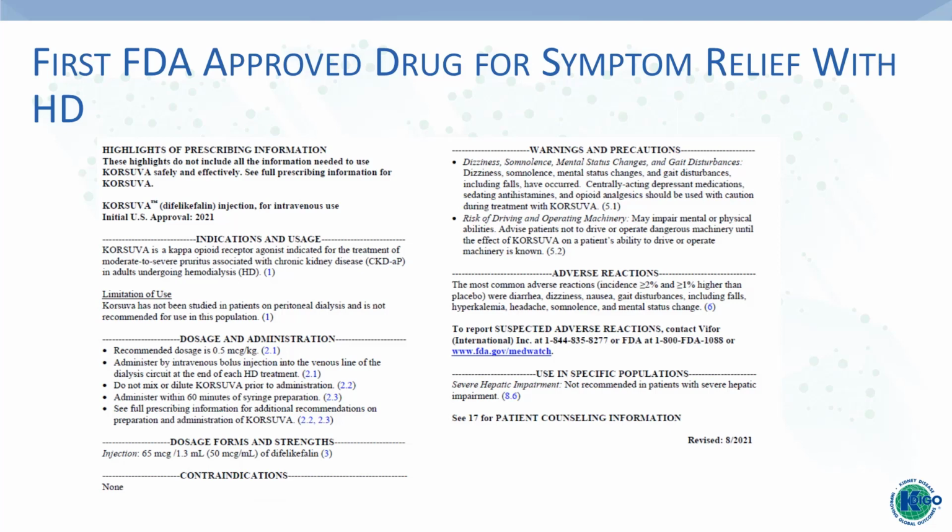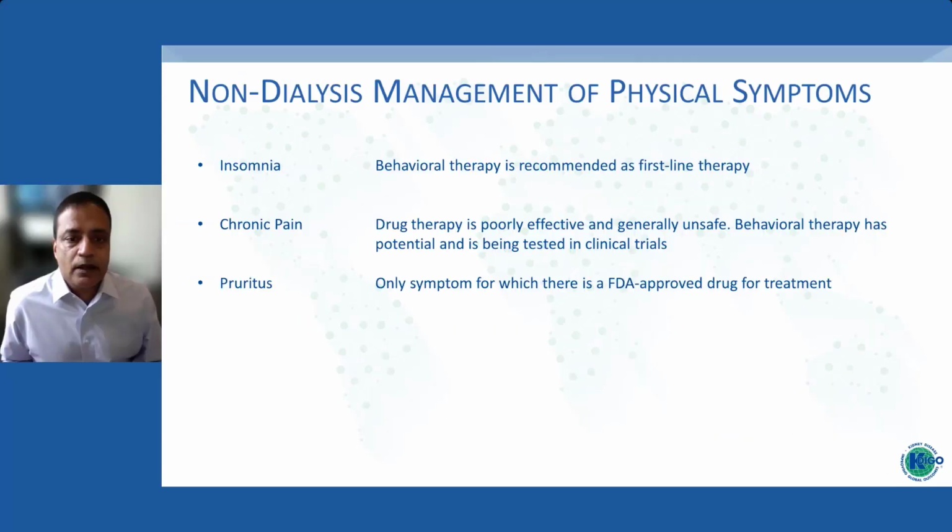It's a kappa opioid receptor agonist indicated for the treatment of moderate to severe pruritus associated with CKD in adults undergoing hemodialysis. The first and the only. So for pruritus, it's the only symptom for which there's an FDA-approved drug. I want to pause right now and be happy to take any comments or questions.